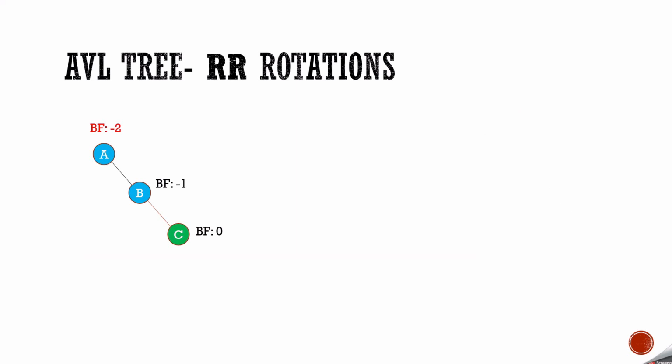I'm going to twist, but now the twisting will be on the left-hand side instead of the right. After balancing, the tree will look like a subtree headed by B, with A as the left subtree of B, and C, the new node, remaining as the right subtree of B.